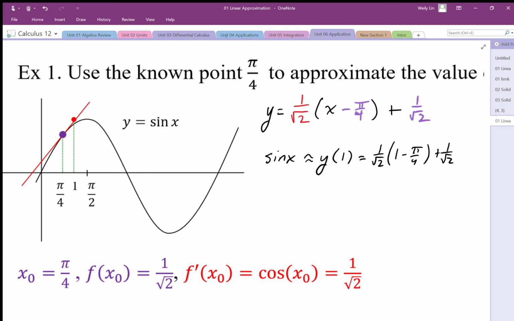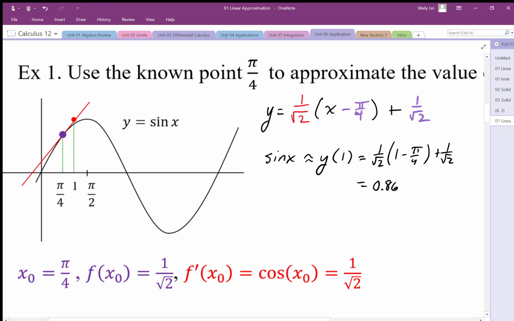So I go 1 divided by square root 2 times 1 minus pi over 4 plus 1 divided by square root 2. And it gives me a value of about 0.86. So this is equal to about 0.86.